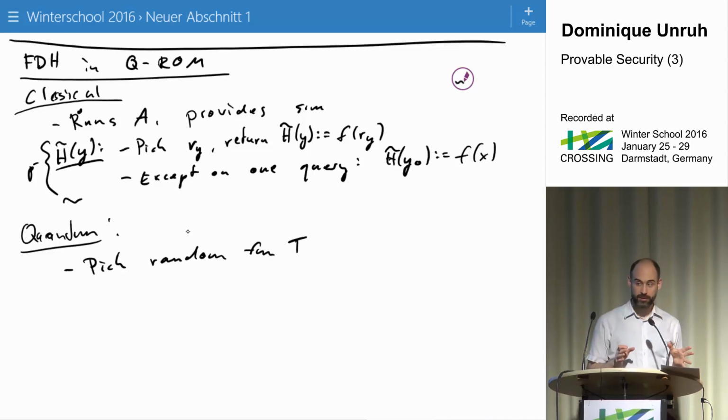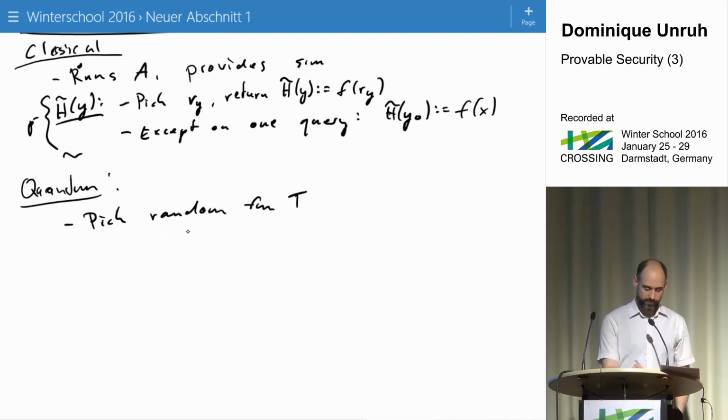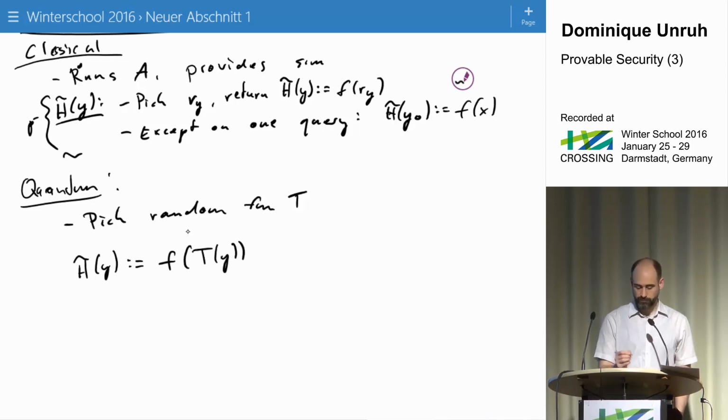So this will not be our random oracle, but it's also a random function distributed like a random oracle. And as I said, this is exponential time, but with the technique I mentioned that you can simulate a random oracle, we can actually get rid of this step. So for simplicity, we just assume now that we can pick a random function. And then we define random oracle h tilde on input y to be f of t of y.